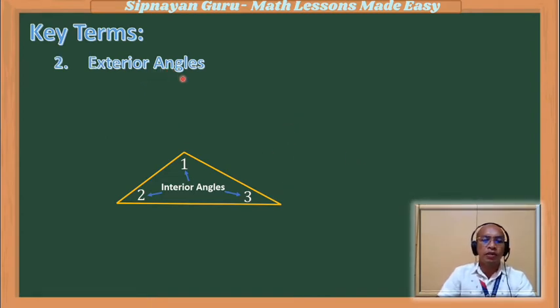Exterior angle of a triangle. Basically, from the word exterior, these are angles that can be found outside the triangle. But not all angles found outside the triangle are classified as exterior angles. Only when one side of the triangle is extended, the angle formed is the exterior angle of a triangle.